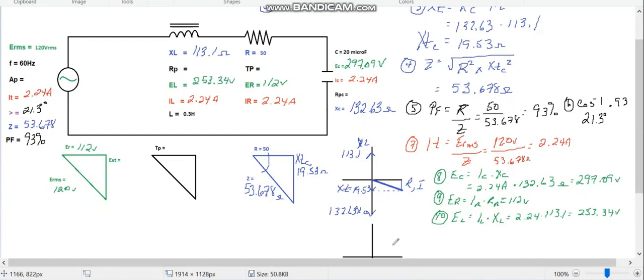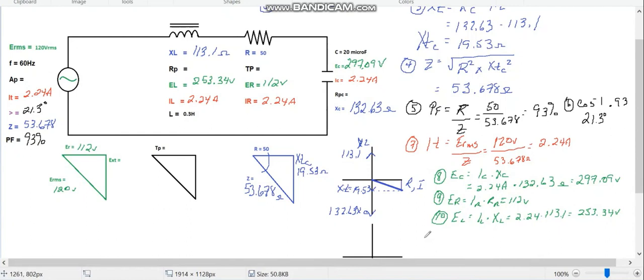So what we do is we say that for the total voltage, we have to add those vectors, but because those vectors are 180 degrees out of phase with each other, in other words, I would really have something like this, where this would be EL and this would really be EC, they subtract from each other, right? So I'll just get rid of this.